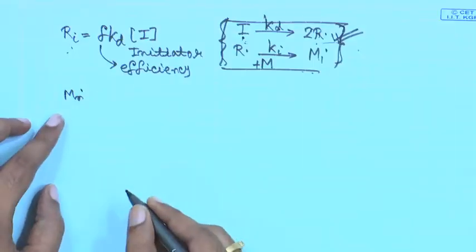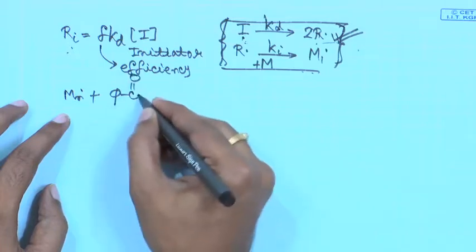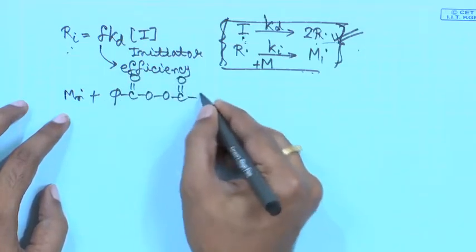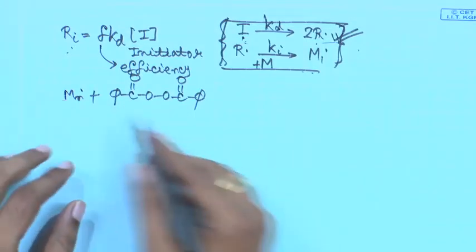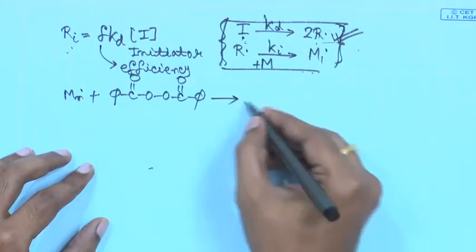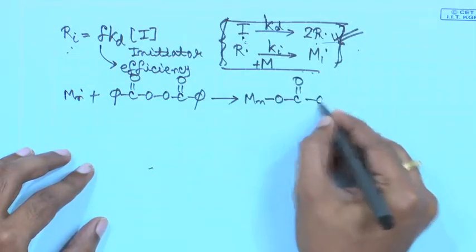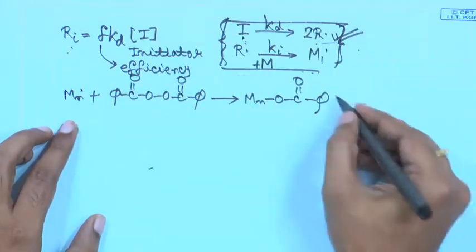Say you have a growing polymer chain, Mn dot, and let us say you have benzoyl peroxide, phi being the benzene ring, as the initiator. This benzoyl peroxide can react with the growing radical chain in this way. It can actually destroy that radical, and the radical is transferred here.